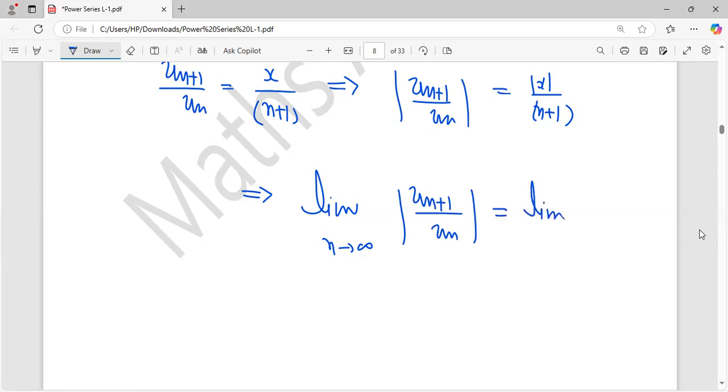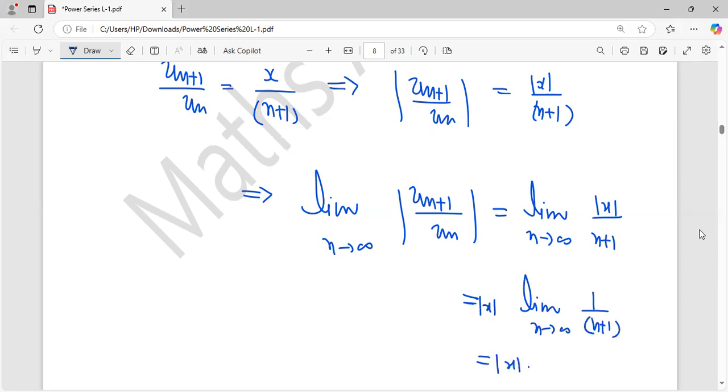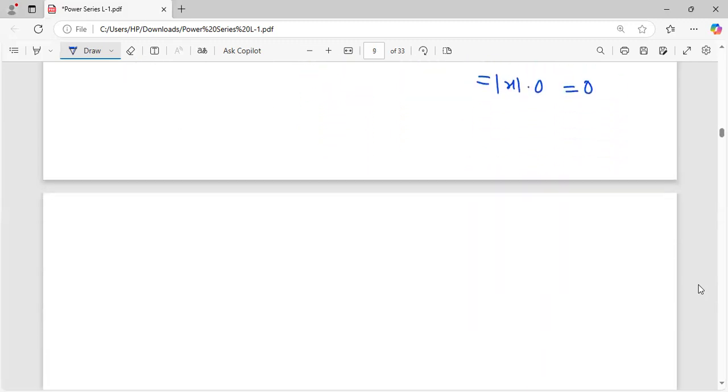What is this limit, n tending to infinity? So x will come out of the limit. So this is x, this is 0, this is 0. Okay. So this implies limit n tending to infinity un plus 1 upon un is 0. That is always less than 1.